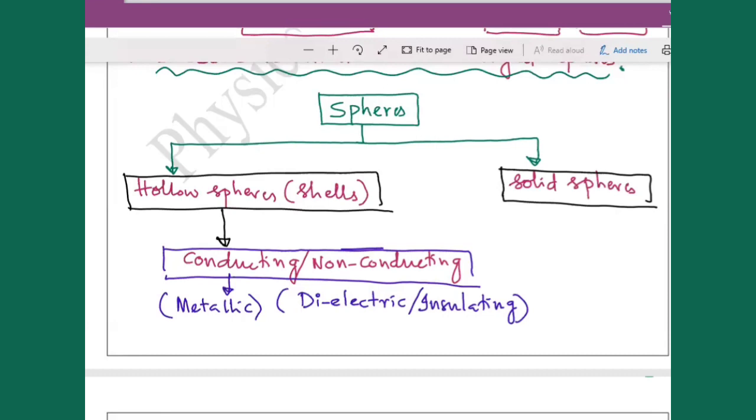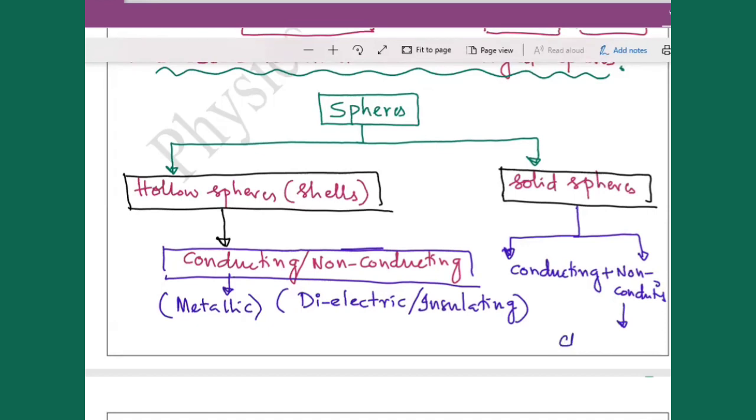Fine. Now if I take these two parts, once again conducting and non-conducting. So one is conducting, the other one is non-conducting. In non-conducting, charge is completely distributed.